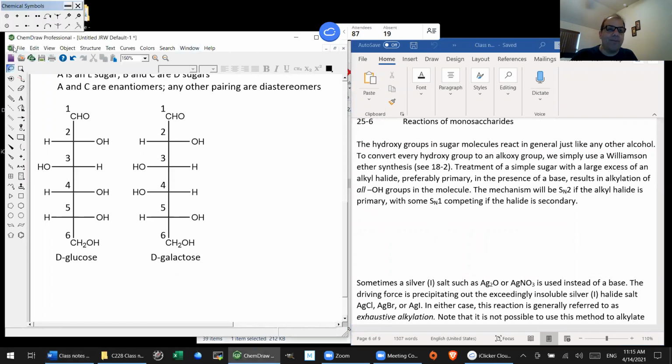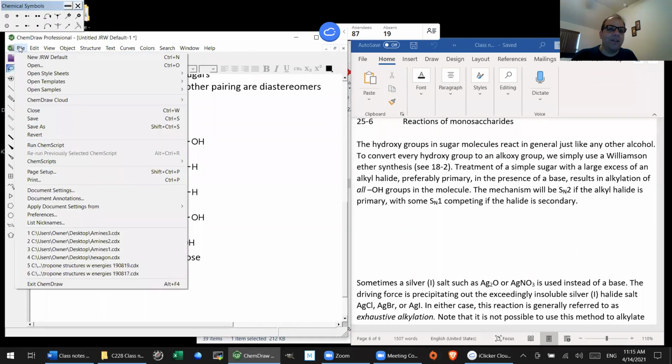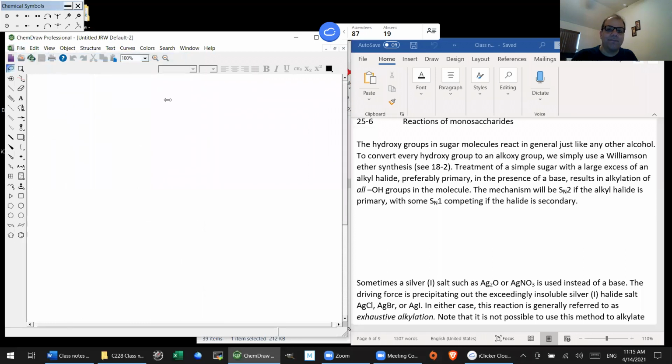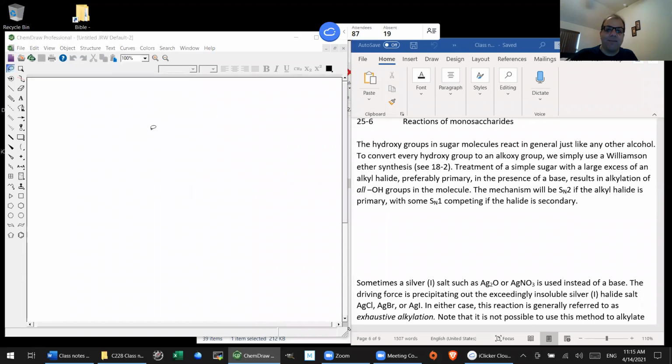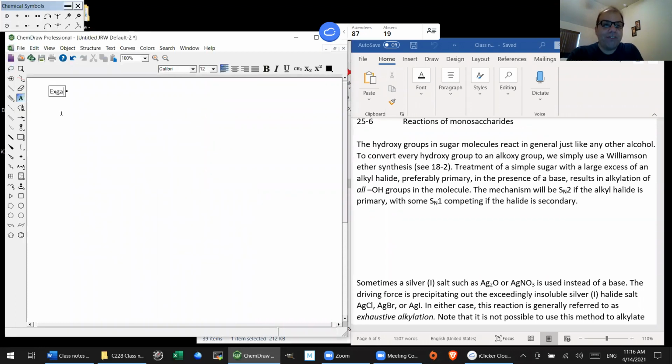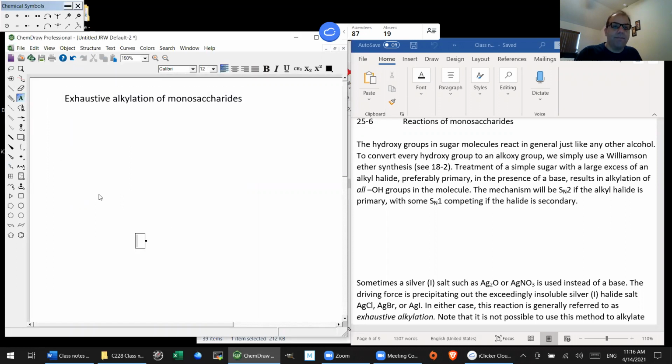So let's see. Good, well, let me open a new window here. And let's go over some of these simple reactions of monosaccharides. So first of all, let's talk about exhaustive alkylation. Let me also make that bigger. There we go.